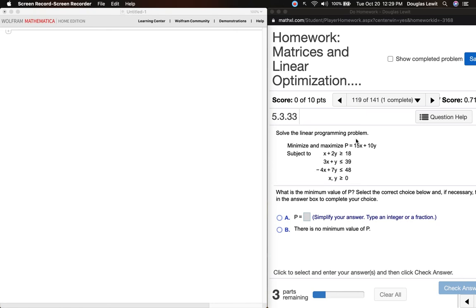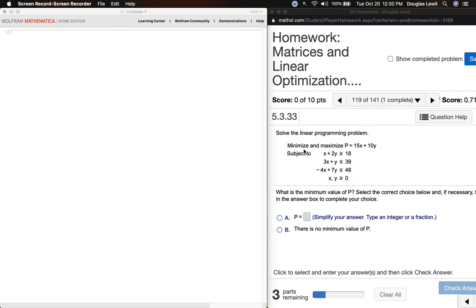Solve the linear programming problem. Minimize and maximize P. P usually stands for profit, but it doesn't necessarily have to. P is equal to 15x plus 10y, subject to these restrictions or constraints: x plus 2y has to be greater than or equal to 18, 3x plus y is less than or equal to 39, negative 4x plus 7y is less than or equal to 48, and x and y both have to be greater than or equal to 0.